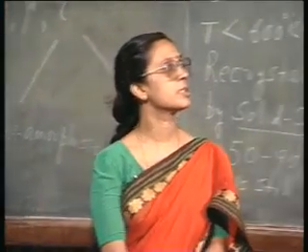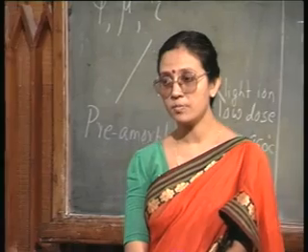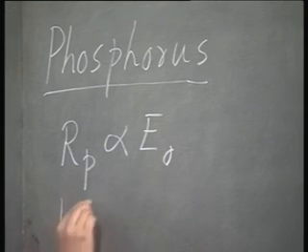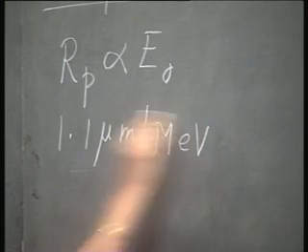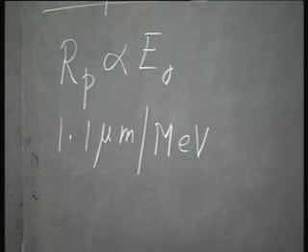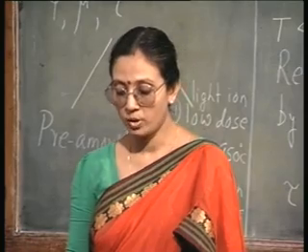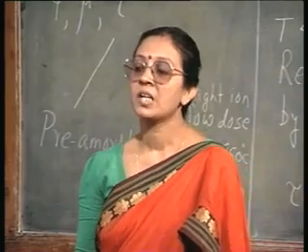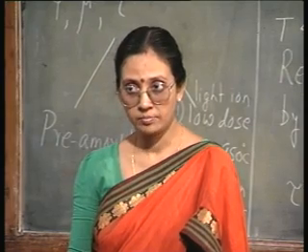So, because phosphorus is a heavy ion and it loses energy primarily by nuclear stopping, Rp is proportional to E naught, and it is given as 1.1 micrometer per mega electron volt, per 1000 kilo electron volt. That means, if you have 100 kilo electron volt energy, Rp will be 0.11 micrometer. So, obviously, it needs a lot of energy to put phosphorus deep into the silicon.